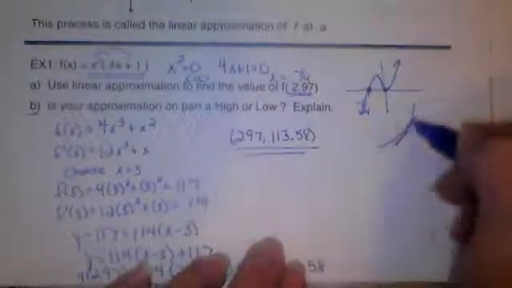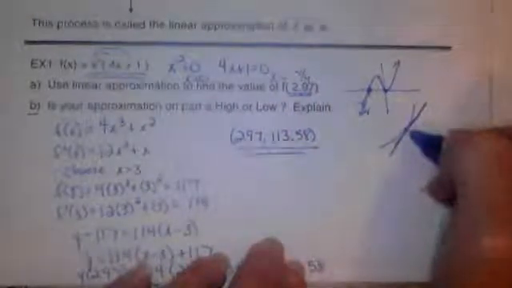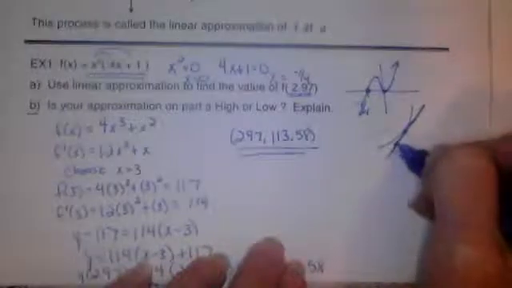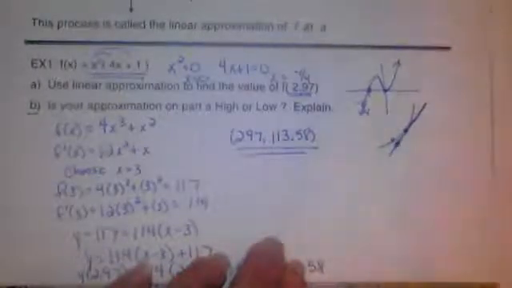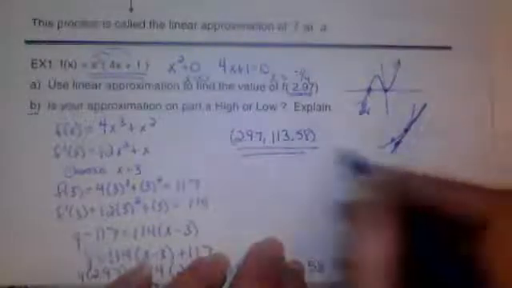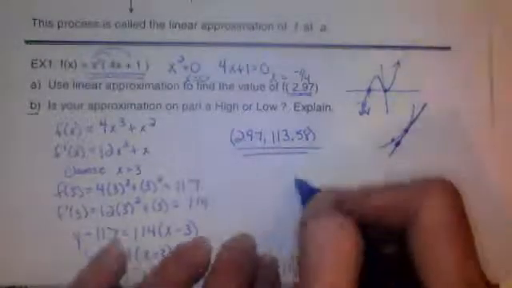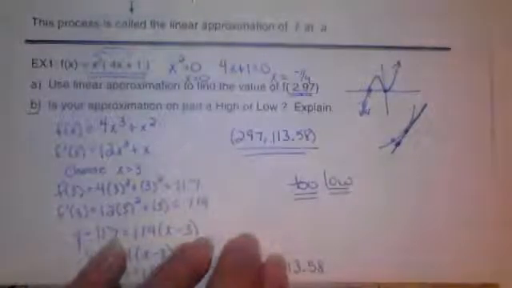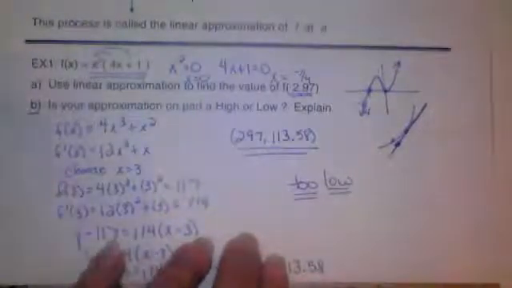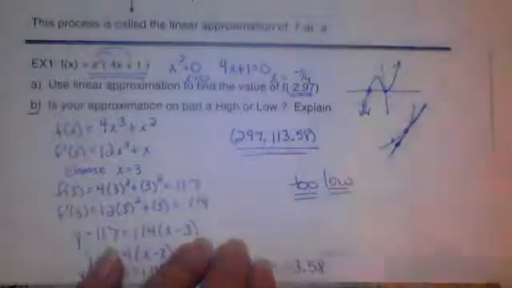And if my tangent line is below, and again, over exaggeration, and this is at 3, and I just did 2.97, then 2.97 is here, and on the curve, it should have been there. So my value that I got is a little bit too low. It's always going to be too low when your tangent line is below the curve, and too high when your tangent line is above the curve.